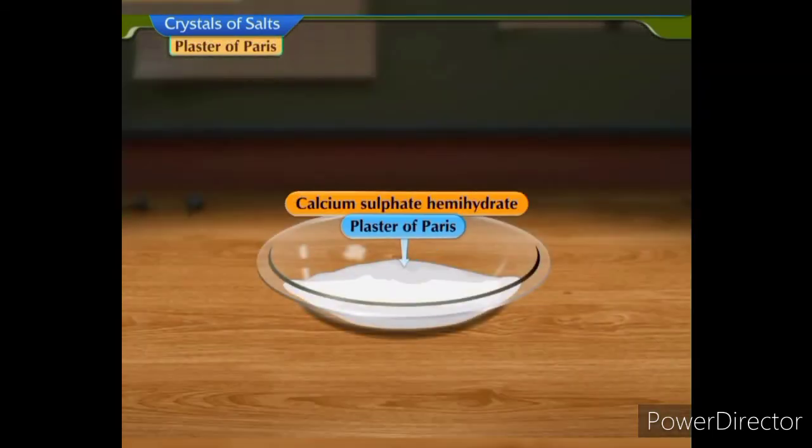Plaster of Paris. Plaster of Paris is calcium sulfate hemihydrate. Its formula is CaSO4·½H2O.